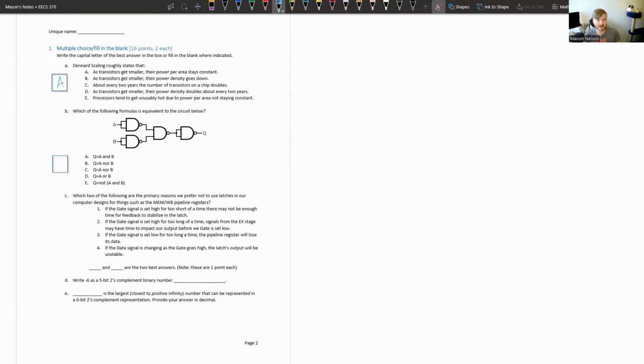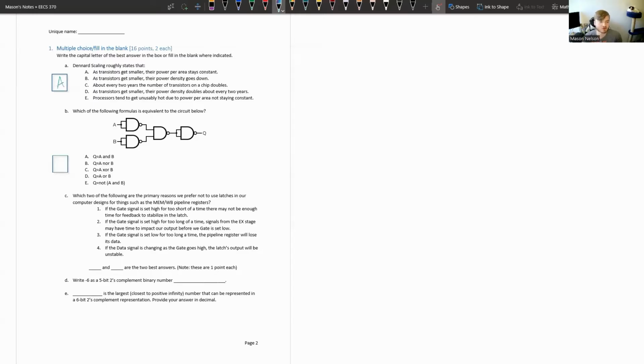Moore's law states that about every 2 years, the number of transistors on a chip doubles. When we combine that with Dennard scaling, which says that the power per area stays constant, then we get more compute power in a chip about every 2 years while using about the same amount of energy. So those trends are kind of going away, unfortunately, but that is what Dennard scaling says.